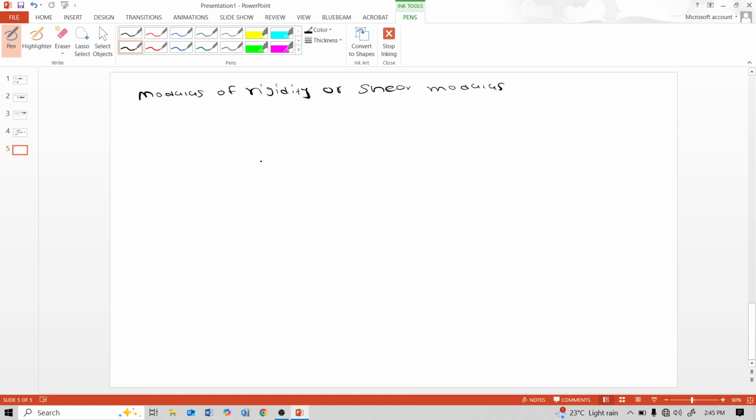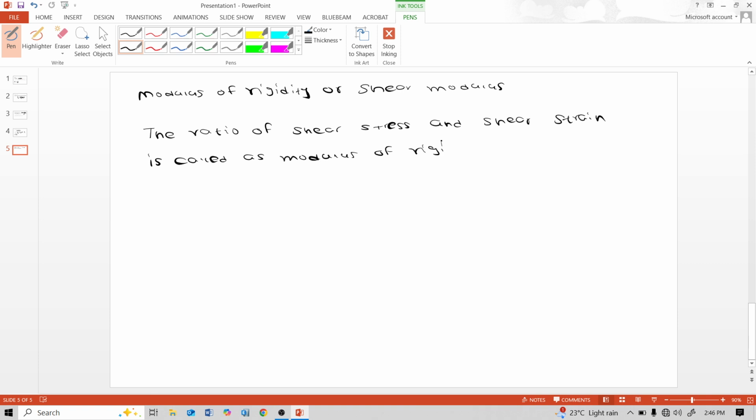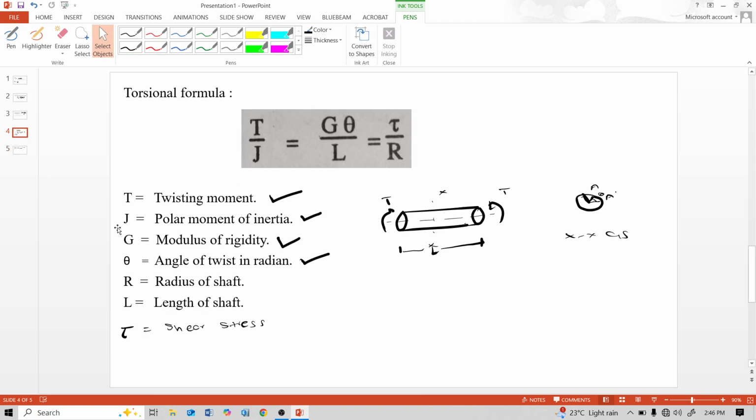Modulus of rigidity is the ratio of shear stress and shear strain, and it is denoted as capital G.